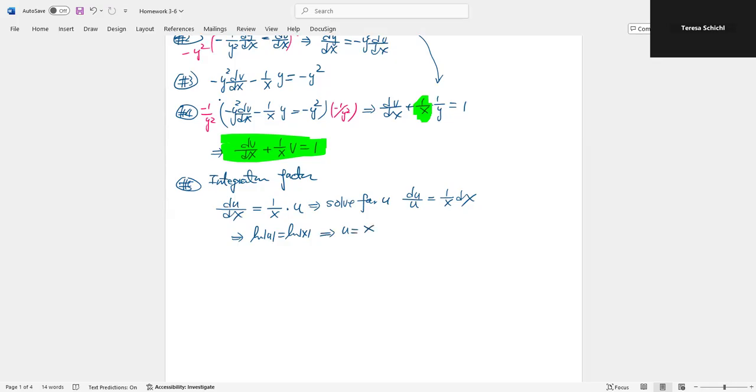Now remember, after that, I need to multiply this u equal to x all the way to my equation. So this is x times dv/dx plus, 1 over x disappears, v equal to x here.